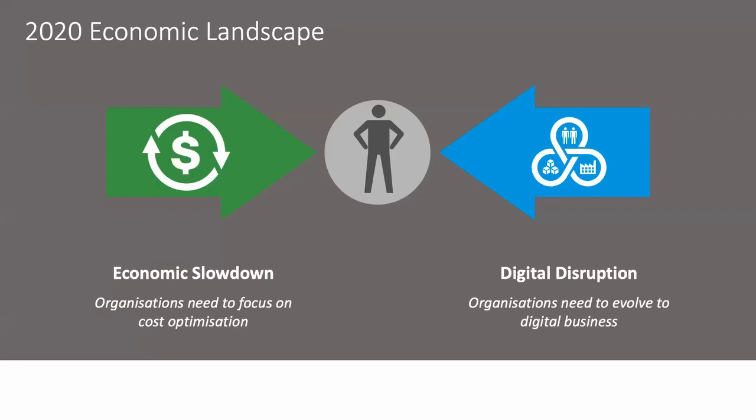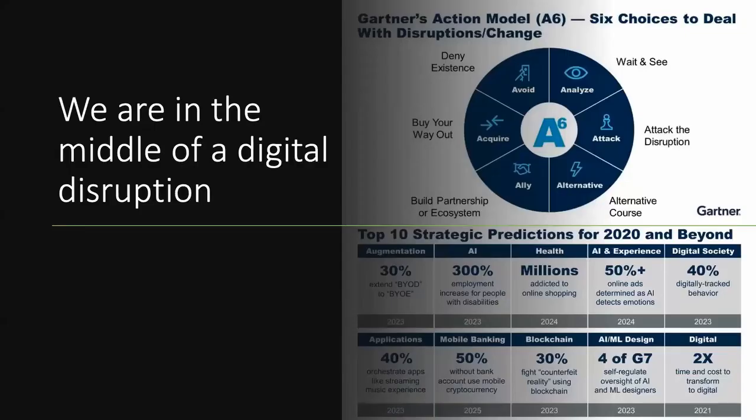We can see it right now, and I would say that we're actually in the middle of a digital disruption. If you think about it, and I say this in jest, people are asking, what accelerated your digital strategy as an organization?